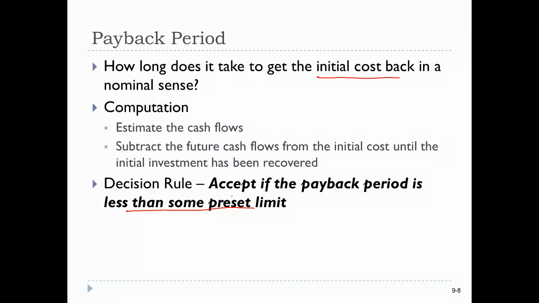So we like shorter paybacks rather than longer paybacks. And companies will implement policies that specify we only accept projects that have a payback of less than 4 years, for example. It would have to be specified in the problem what that limit was. We'll talk more about that in a bit, but that's how the payback period would be used.